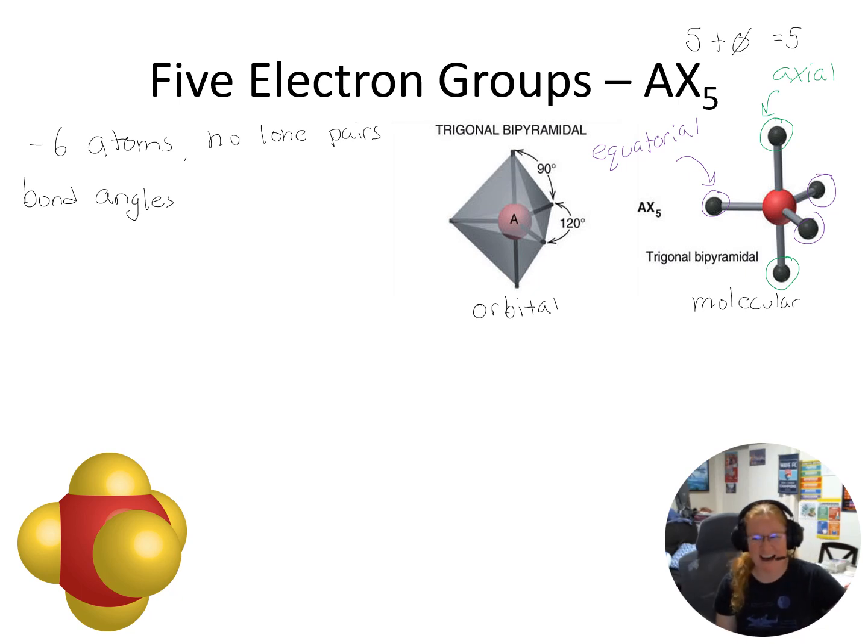So anyway, we have our axial and our equatorial regions. So we've got 2 different bond angles going on. We're going to have a bond angle that's going from our axial to our equatorial, and a bond angle that's going around our equatorial atoms. That axial to equatorial is going to be a 90-degree bond angle.